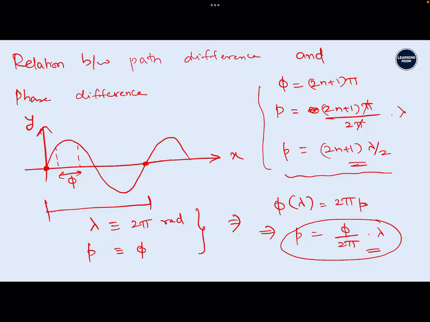So what is the condition for constructive interference? Phi is 2n pi. So what will be the path difference? 2n pi divided by 2 pi into lambda, 2 pi and 2 pi are gone, you will have n lambda. Is that clear?